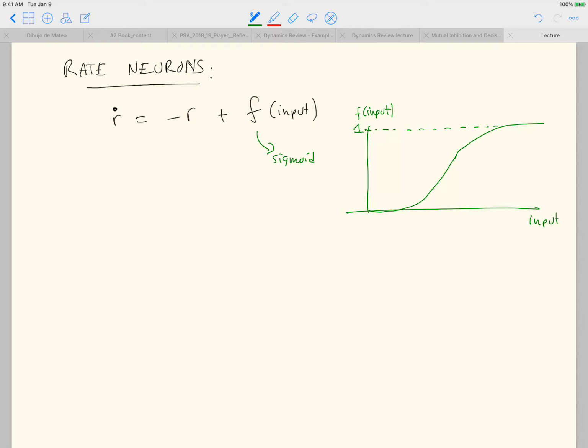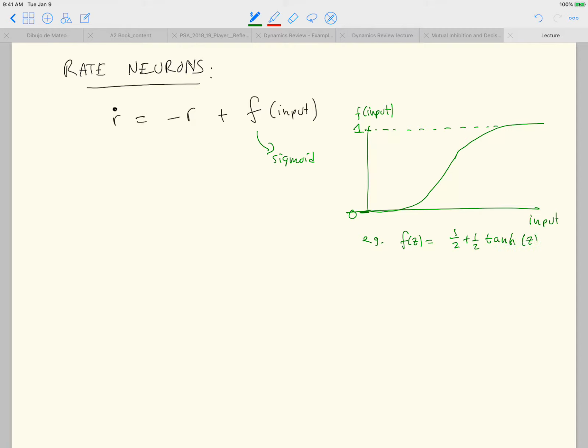The maximum represents the maximum firing rate of the neuron. We're just going to call that 1 for convenience. And this is going to be the minimum firing rate of the neuron. So we're going to make it 0 for convenience. Okay? And any function that has a shape like that would more or less do. A particular function that has a shape like that, and the one that we're actually going to use, is this.